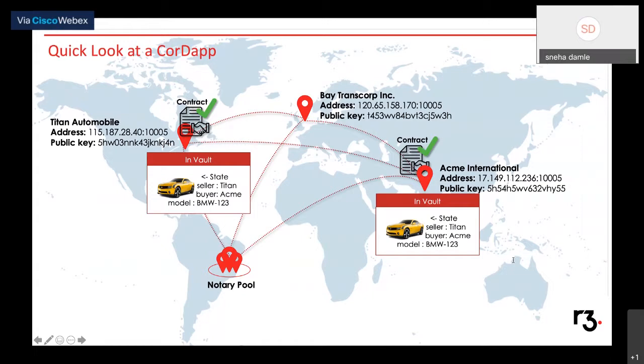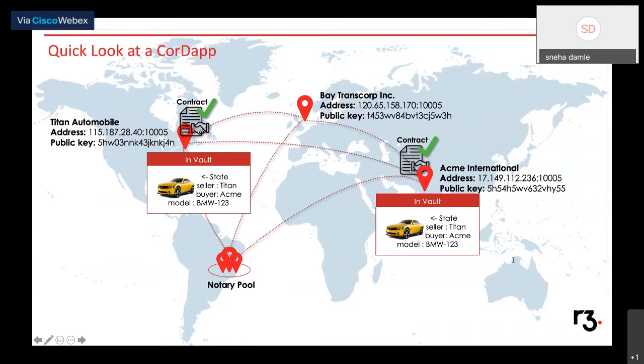Once he signs this proposal, he will send the signed proposal to the other party, which is Acme. Acme will do the same thing. He will also execute this contract on his end, and if everything is good and the contract is executed successfully, he will also sign the transaction.